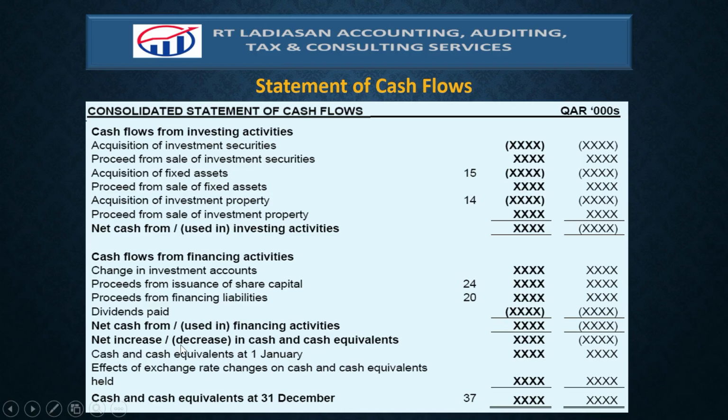Then after that, we must add the cash and cash equivalents at the beginning of the year. And of course, the effects of exchange rate changes on cash and cash equivalents held, until we arrive at the cash and cash equivalents at the end of the year, which must reconcile with the cash and cash equivalents as presented under the balance sheet.